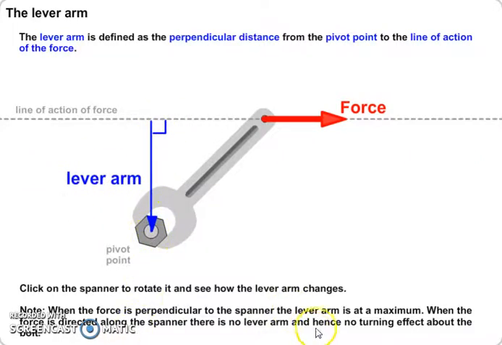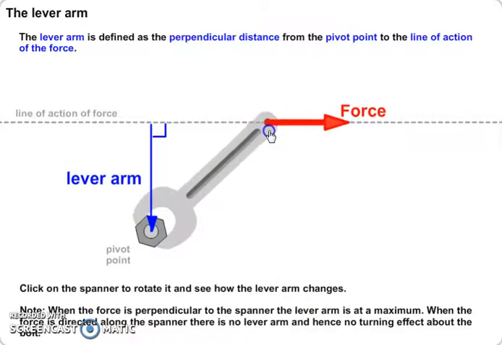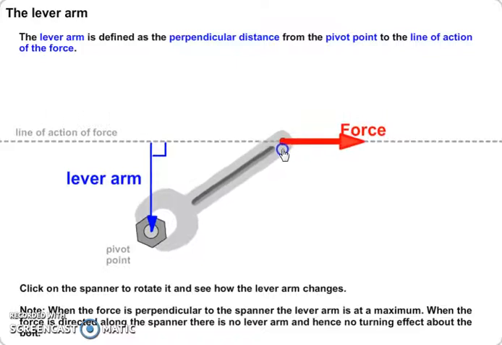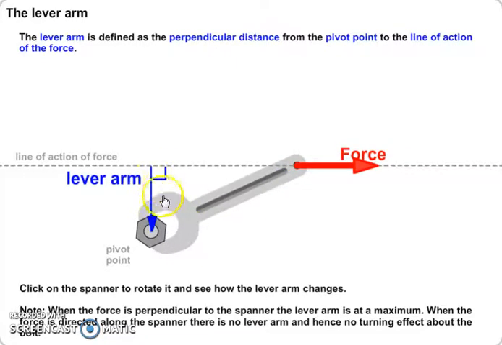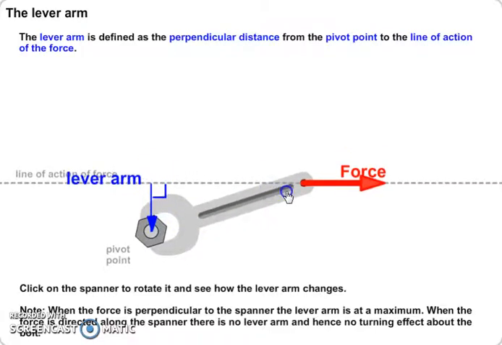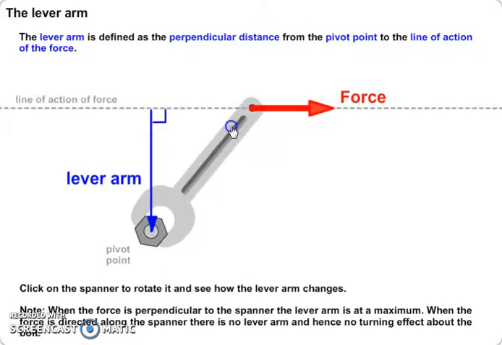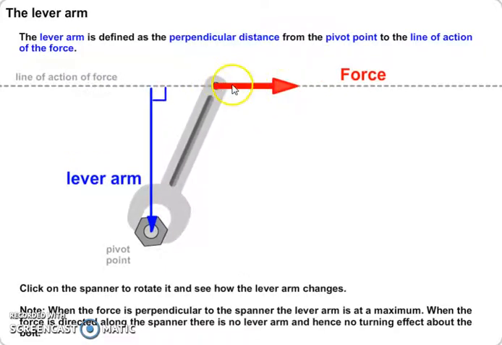So you can see as I rotate my spanner tighter, what do you notice about my lever arm? Yes, you're right. It becomes smaller and smaller. If I want to move it the other way, it becomes bigger and bigger, of course keeping the direction of my force the same.